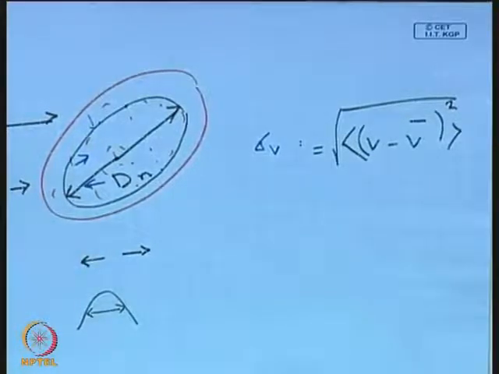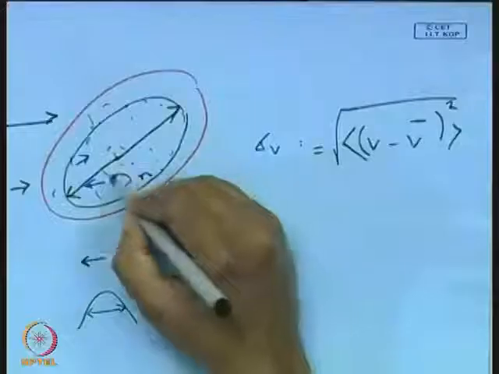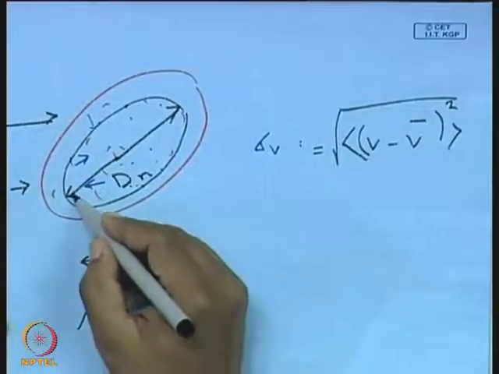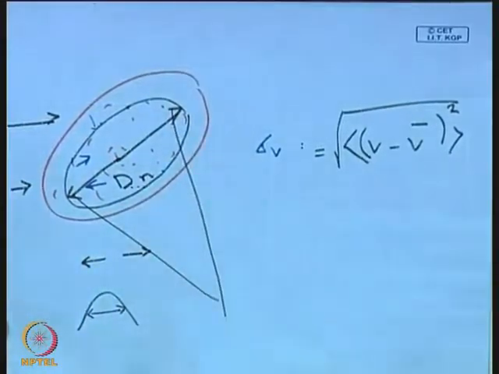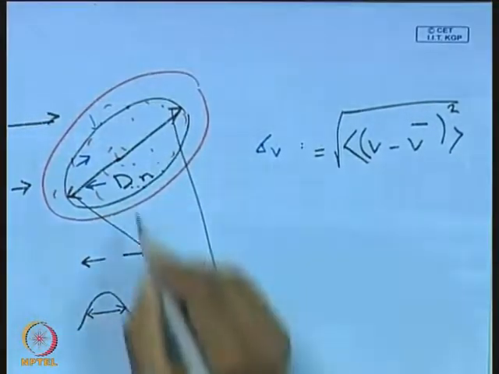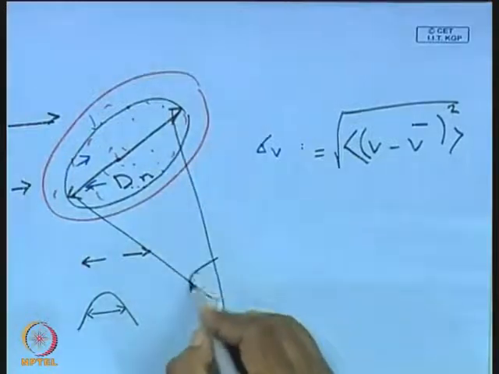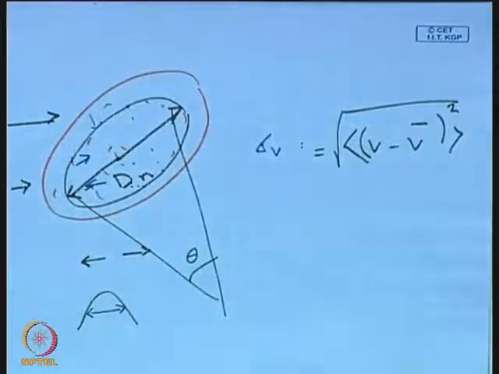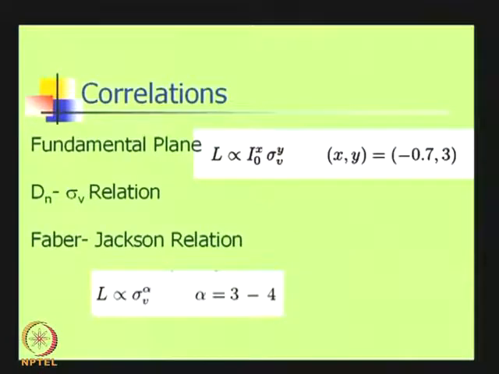So, if you can measure the velocity dispersion of the galaxy, then you can predict what the length scale corresponding to this Dn is, and from the image you can measure the angle that this subtends. So, you know this length, you know the angle, so you can determine the angular diameter distance. Well, at low redshifts they do not differ, so you can determine the distance. Essentially, if you can measure sigma v, you can predict the diameter of the galaxy, and you can measure the angle from the image, then you can use this to determine the distance.